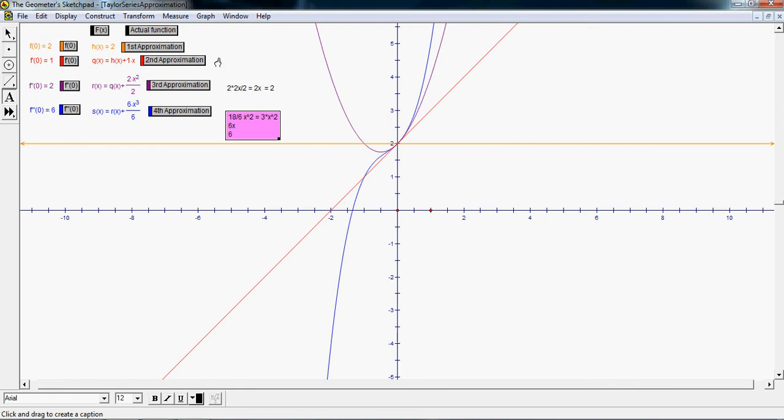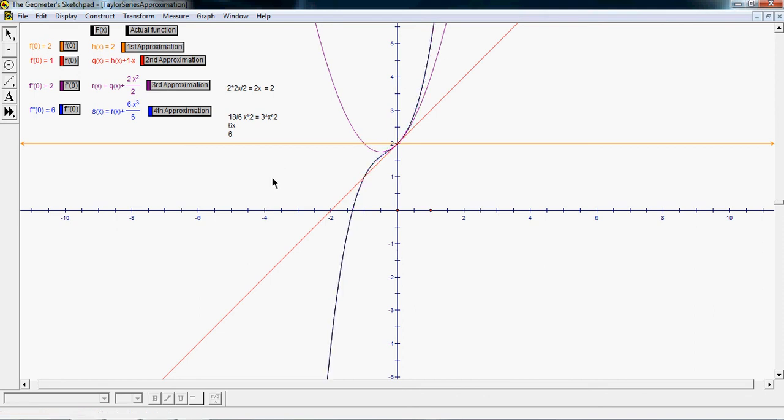So now we're going to take a look. We could have more information about the function. We could find out that there's a fourth derivative or a fifth derivative and so on. But let's assume we don't find anything more about the function. We want to see how closely it matches. So here's the actual function, and you can see that it actually perfectly overlaps our fourth approximation that we did.